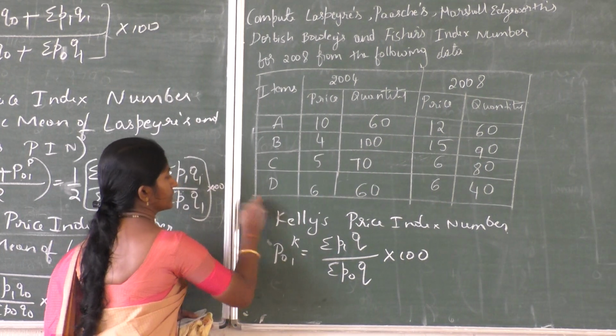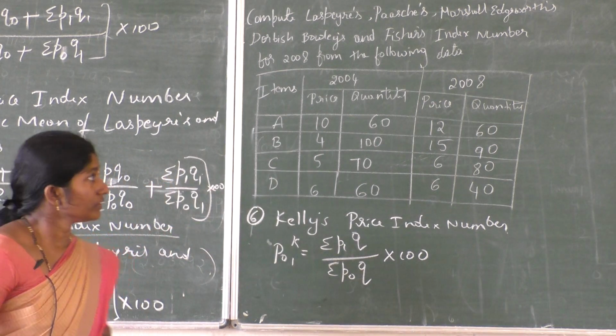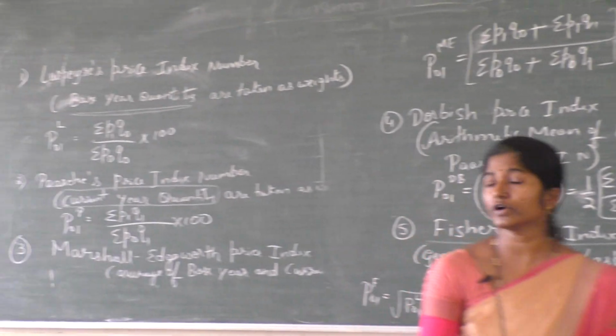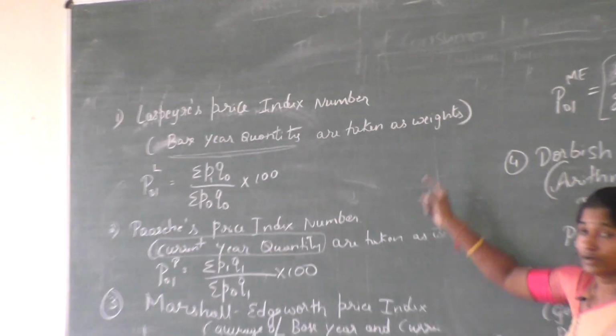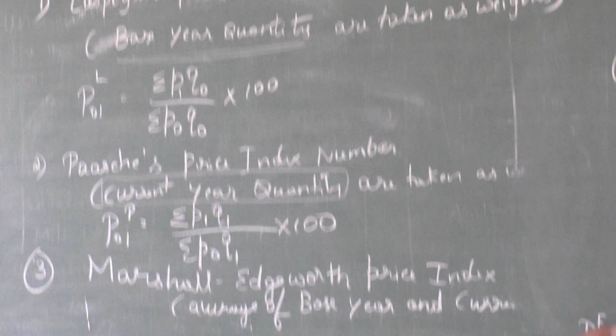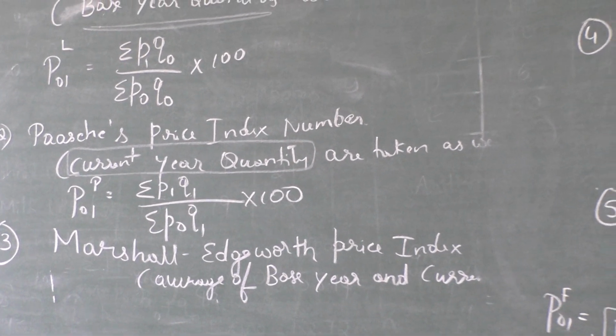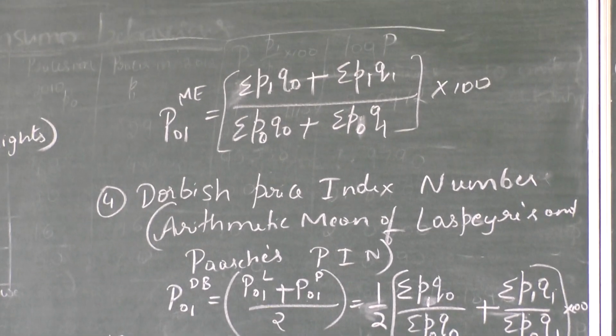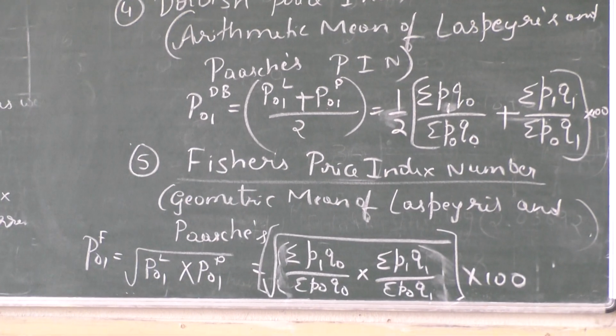This is the sixth one. Now we have written all the formulas: Laspeyres, Paasche, Marshall-Edgeworth, Drobisch-Bowley, Fisher's price index number, and the last one, Kelly's index number.